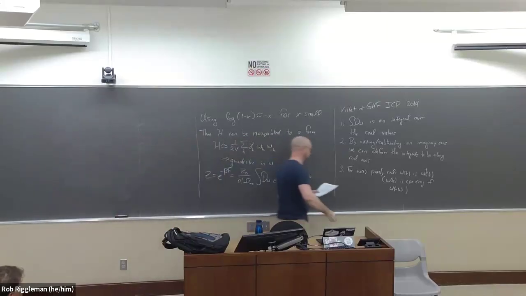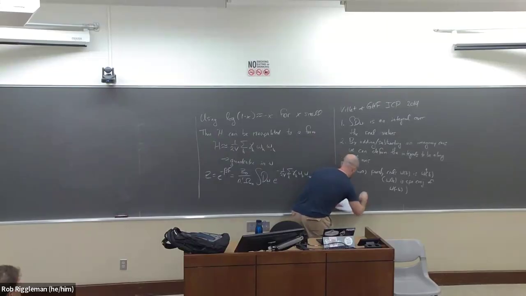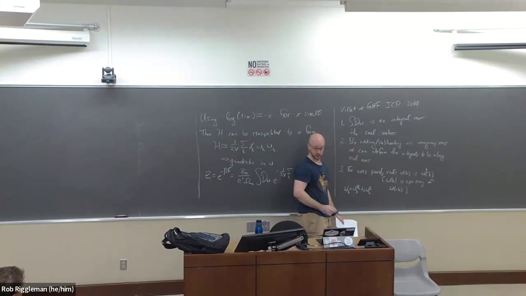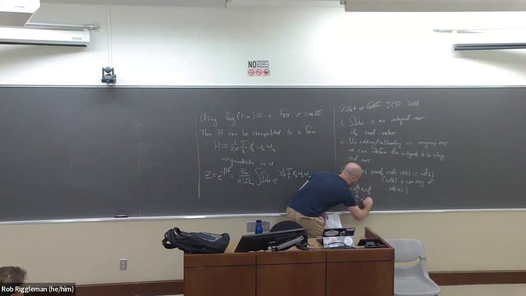Really, the important thing can be summarized here, right? Our W of K is going to be W_K real part plus, for the same wave number, the imaginary part. And then W of minus K is going to be W_K real part minus i times the same imaginary part.